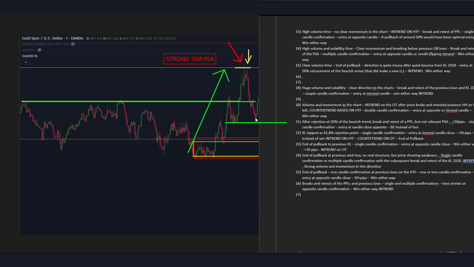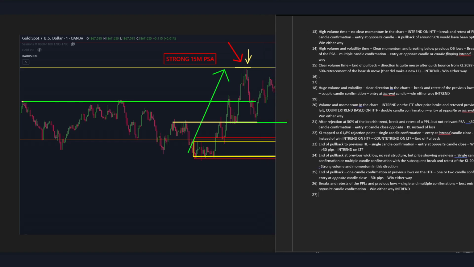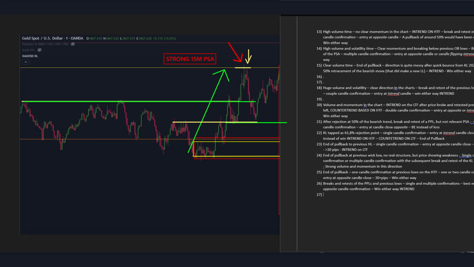You can see here that we have a double candle confirmation for a possible entry, and this is most likely a 60 to 70% rejection retracement, like here, these previous highs. So with that in mind, we have this movement and a possible scalp that will go back to these previous highs.